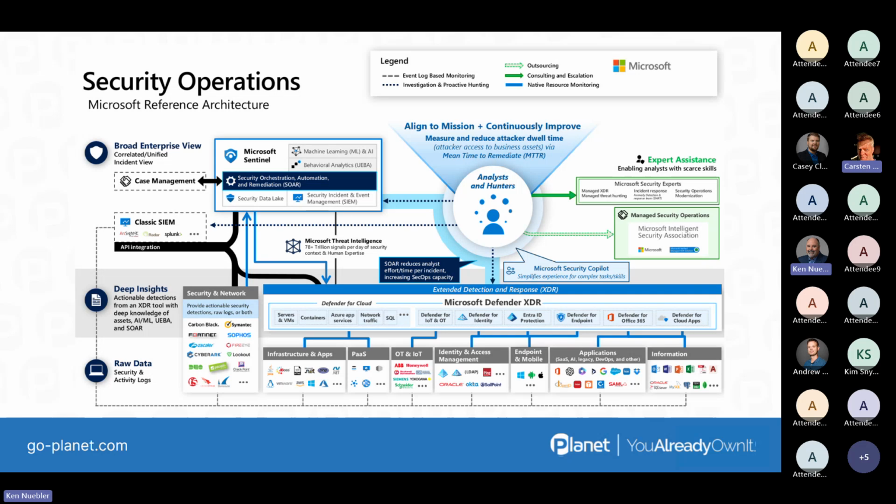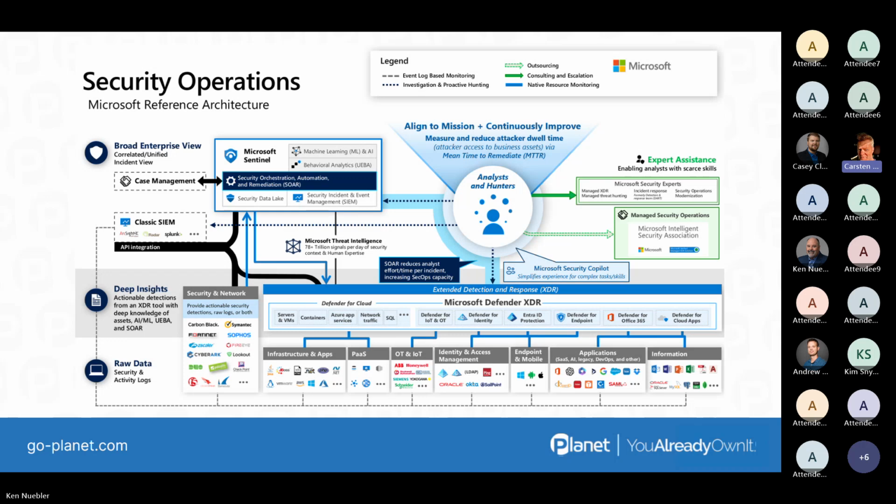I know you can. The purpose of this slide is really to cover what Microsoft is doing from a security perspective when you are a Microsoft tenant customer, right? Be it Office 365, be it Azure workloads. But let's not forget about endpoints. Let's not forget about on-prem environments and servers or other clouds.